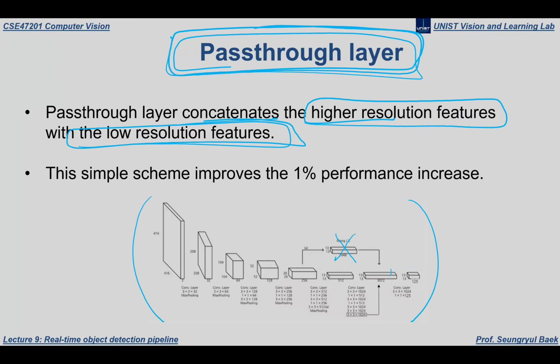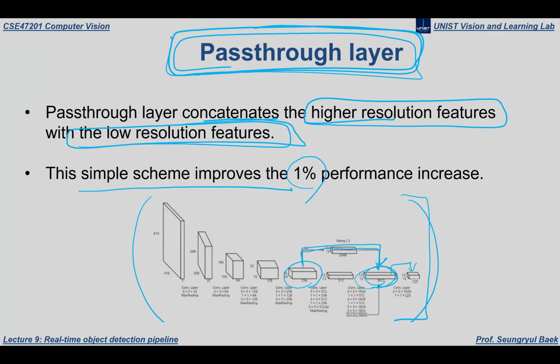For the final mapping, we only use the features of the last layers, but this pass-through layer means they want to use the previous layers' features, by concatenating them with the later features. And this simple scheme gives a 1% accuracy improvement.